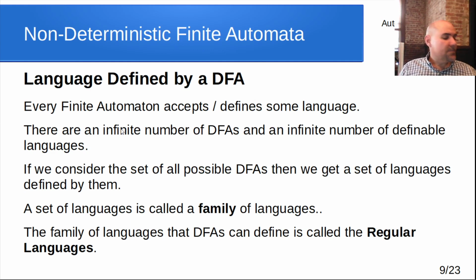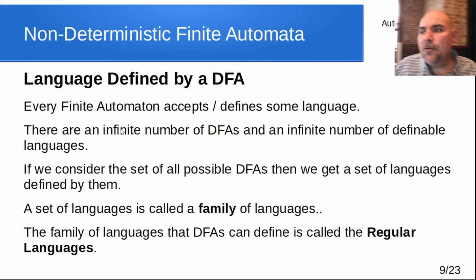And that we can think of as a family of languages. In other words, what are all of the possible languages I could ever imagine creating a DFA for? There's an infinite number of them, but it's definitely a set, because you can have infinite sets, and that's a family of languages. The name for the languages that we can define by using a DFA is the regular languages.